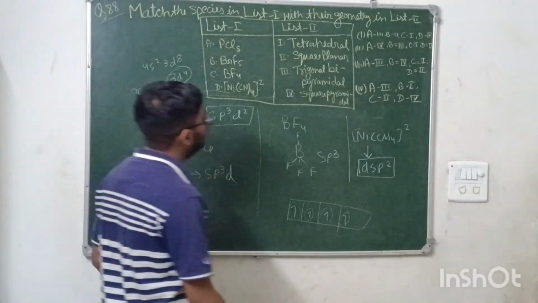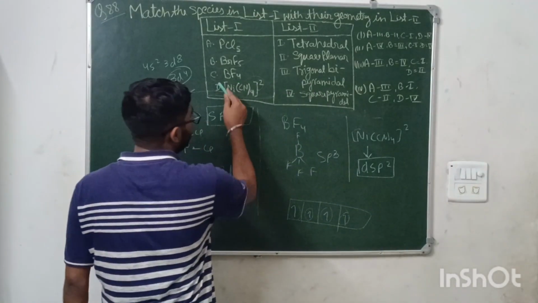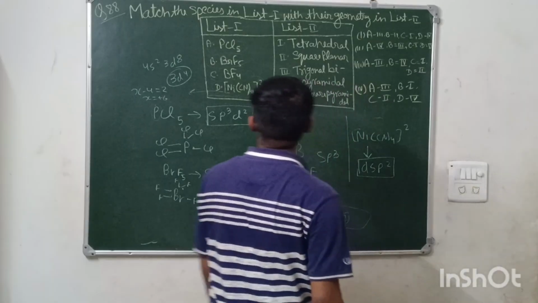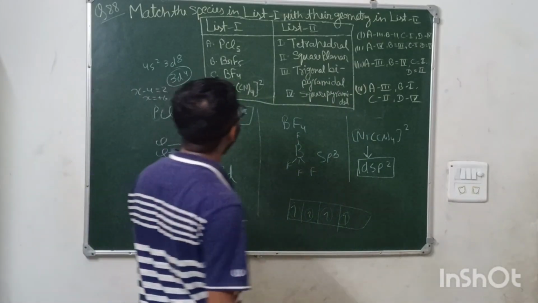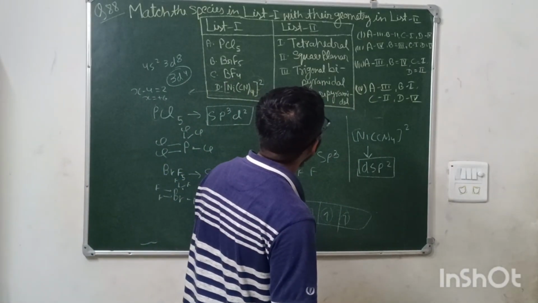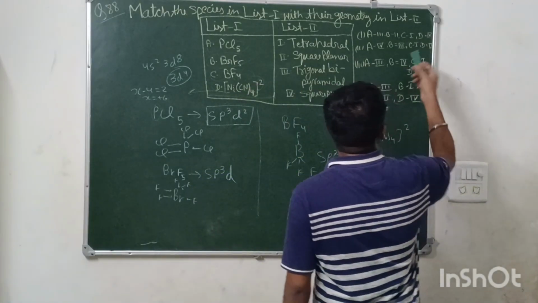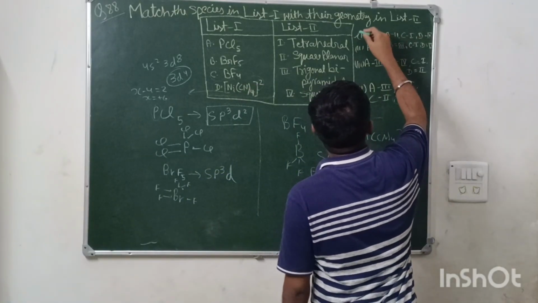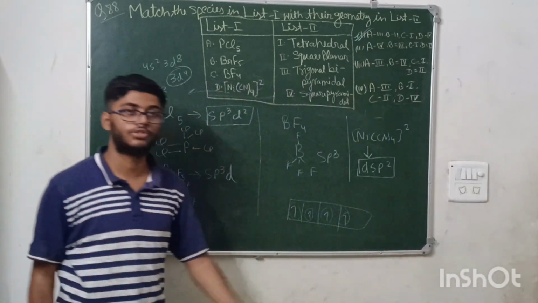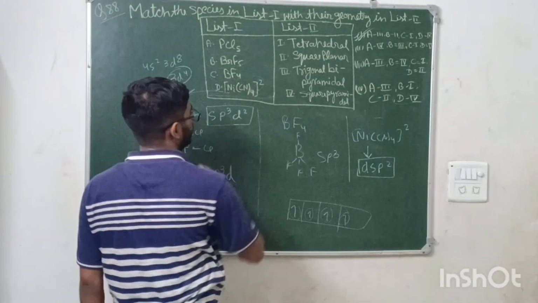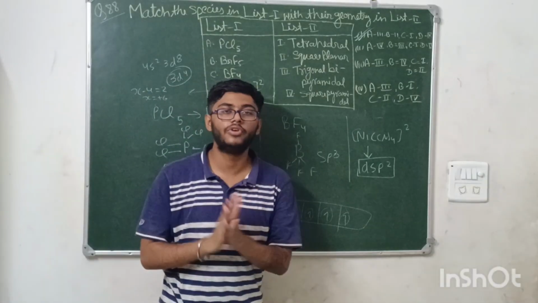Okay, so dsp2 is square pyramidal, d4 and C, d4C1. Option number 1 is the correct answer for this question. So these are 2 questions. Now moving on to the last question.